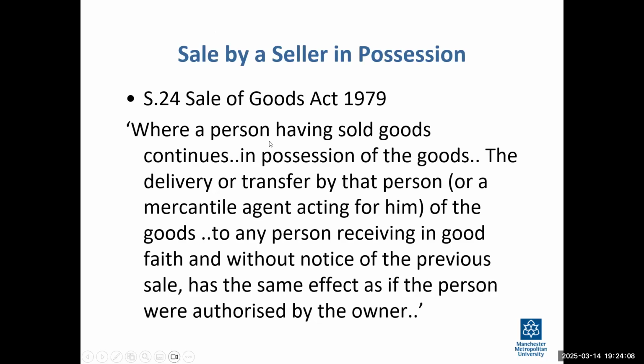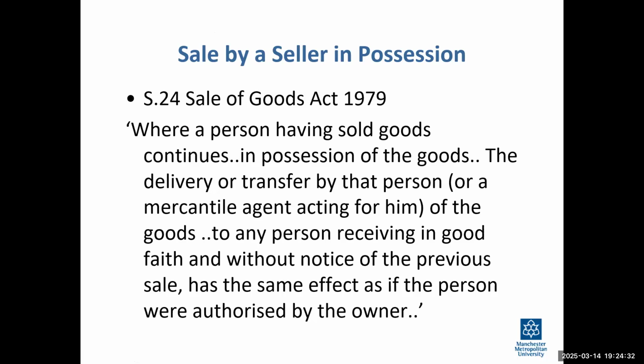If you as a seller have sold something to a buyer A, and buyer A has not taken delivery, this is one of the facts in this revision question we'll be answering. If buyer A has not taken delivery, you as a seller, because you've still got possession, are able to sell the goods to a second buyer.